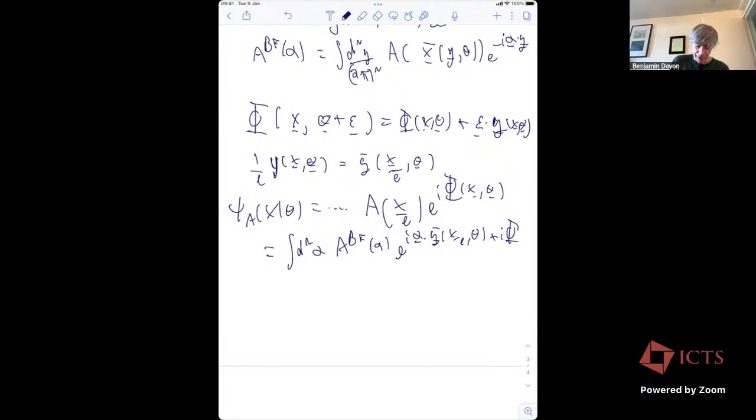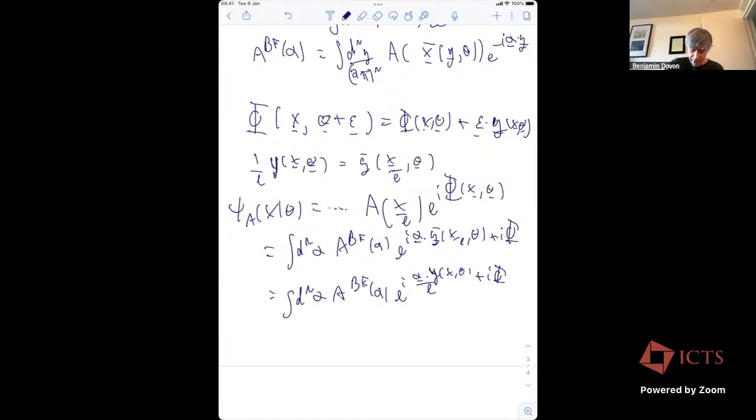And now I change my y bar to this y, so this is A Bethe Fourier of alpha e to the I alpha dot y of x and theta divided by L plus I capital phi.